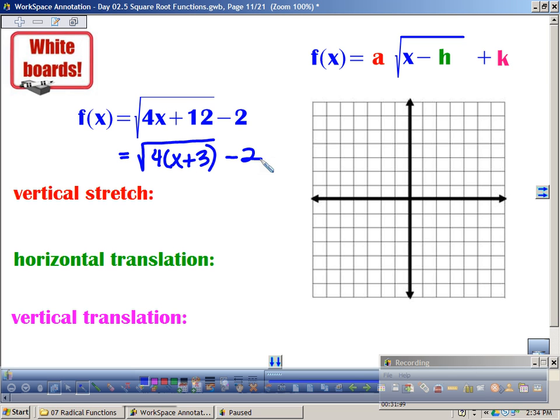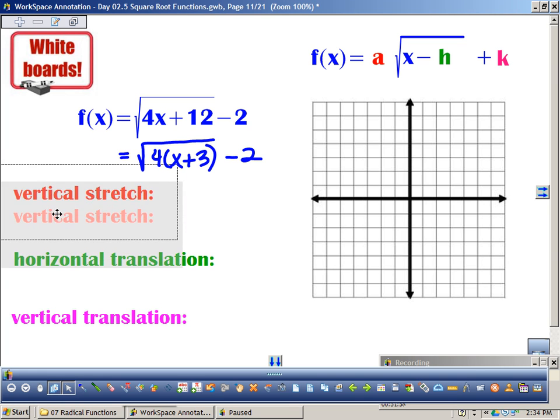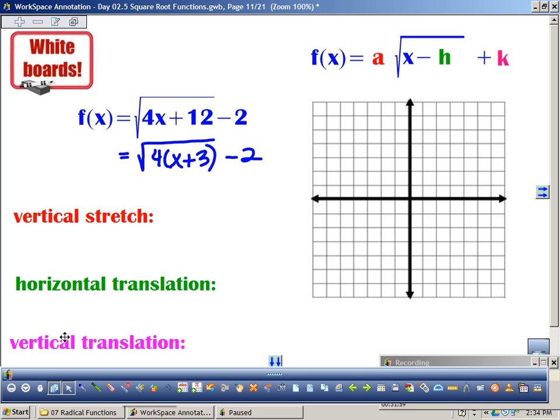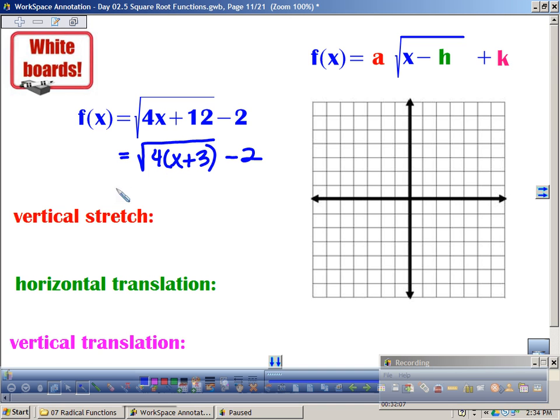And doesn't that 4, can't that come out of the radical sign now? I couldn't before, because I had to factor it away from the 12. So now when I simplify that, isn't that a 2? And then I'm left with x plus 3 minus 2.